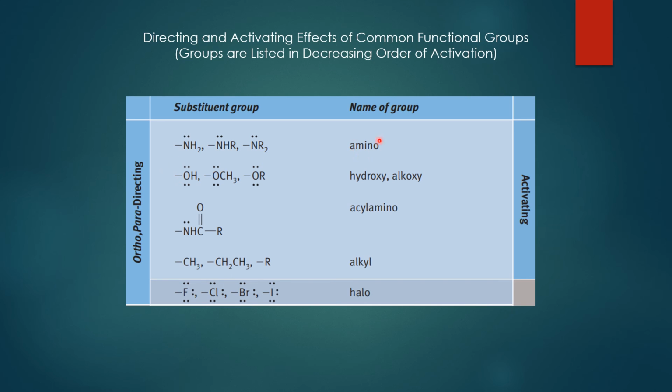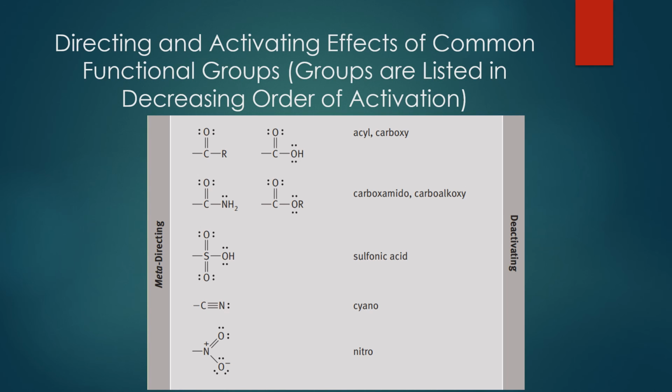For example, the amino group: strong activation, ortho-para directing. Next, hydroxy, alkoxy, alkylamino, alkyl, and halogen groups. Next, acyl and carboxy groups are deactivating, meta directing, for example carboxamido, carboalkoxy, sulfonic acid, cyano, and nitro groups.